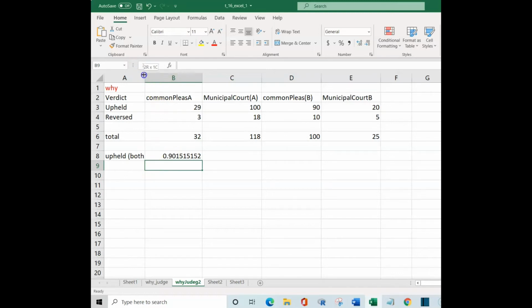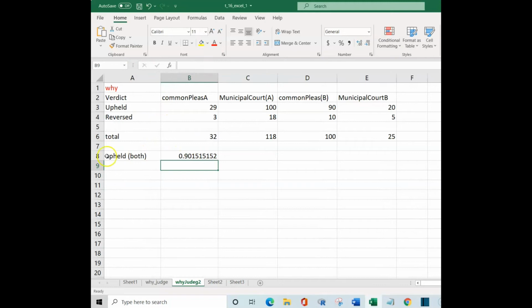Okay, so this should be common plea. Similarly, let's look at municipal court.